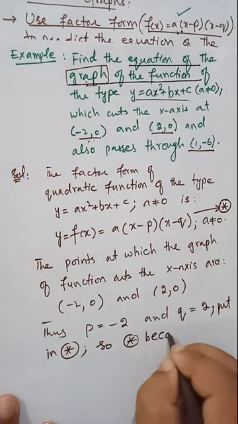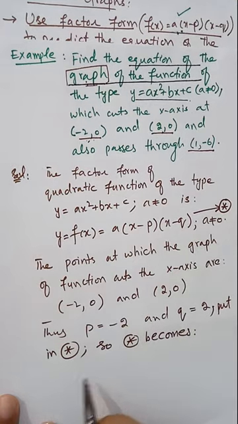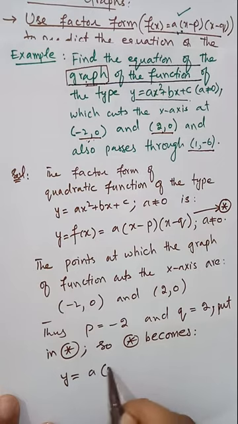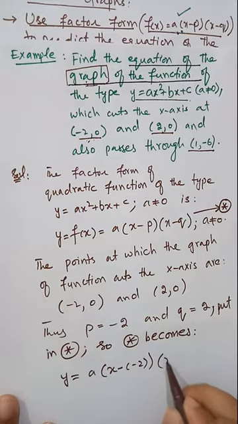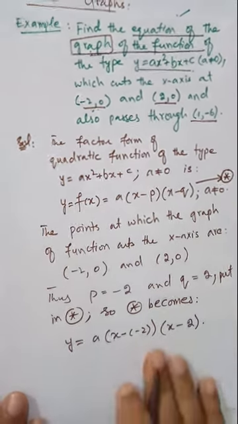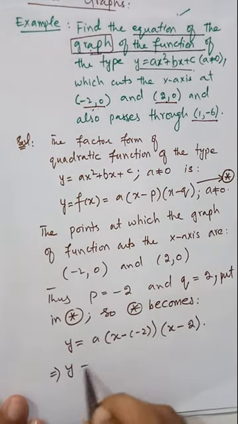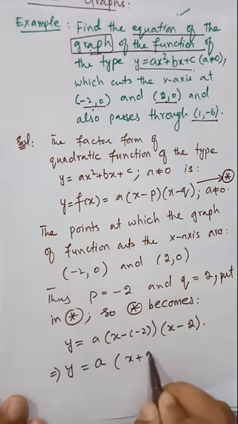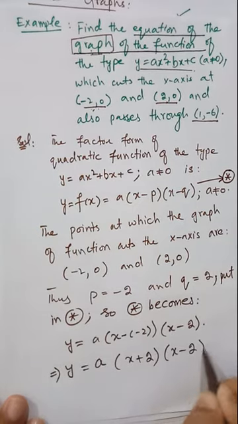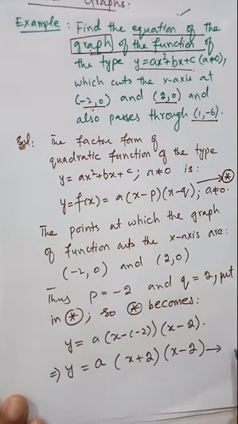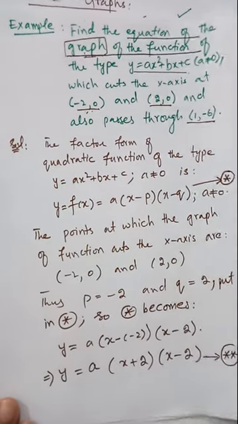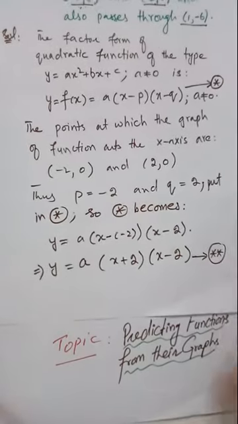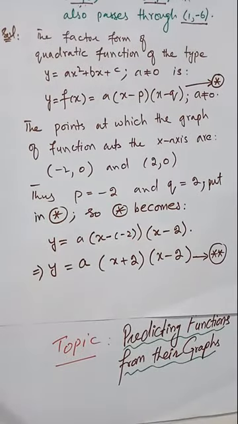Star becomes y is equal to, or you can write f of x, a times x minus -2, x minus 2. So y is equal to a times x plus 2 and x minus 2. Let's say this is equation number double star, or 2 star. Okay, this is 1 star, now this is 2 star.